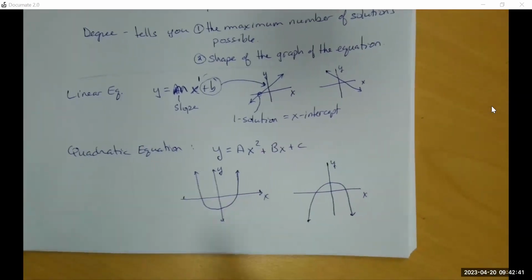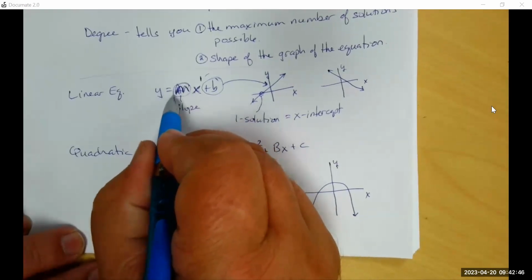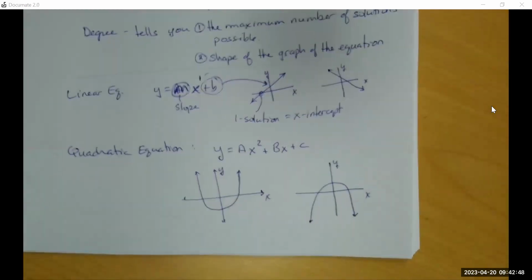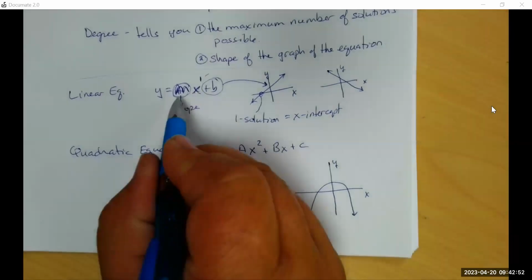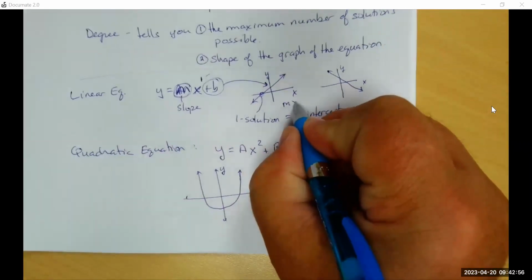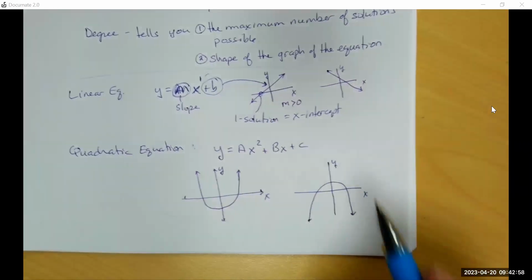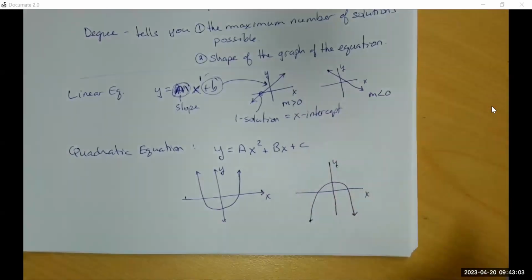The direction of the graph is dictated by the leading term, the farthest left term, the coefficient. So if m is positive, it goes up. If m is negative, it goes down.